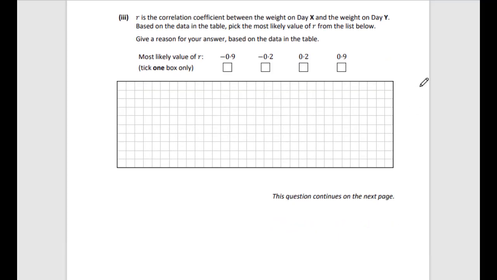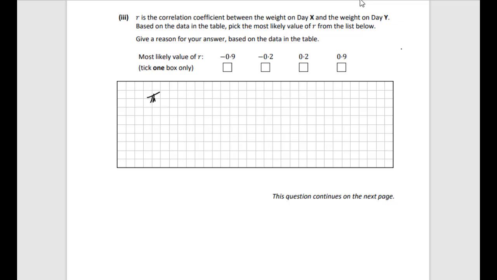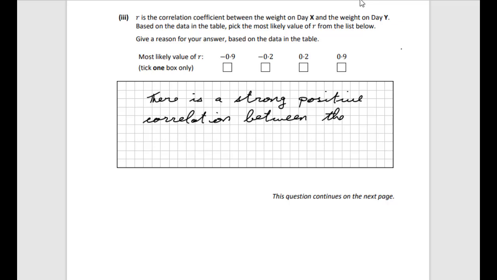So what we would say then is that there is a strong positive correlation between the weights on day X and day Y. So I would go for 0.9.